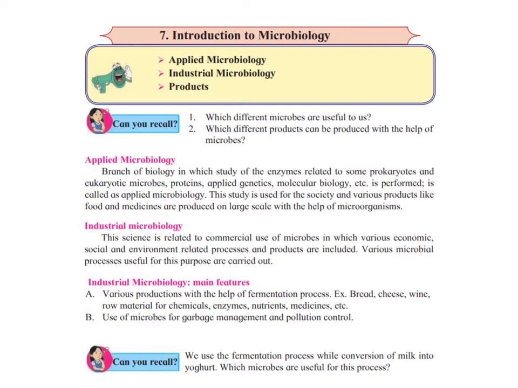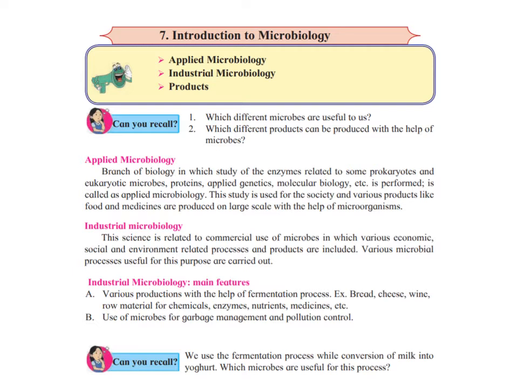Industrial microbiology. This science is related to commercial use of microbes in which various economic, social and environment related processes and products are included. Various microbial processes useful for this purpose are carried out. Industrial microbiology means the microbiology which is used as a commercial part of industry.